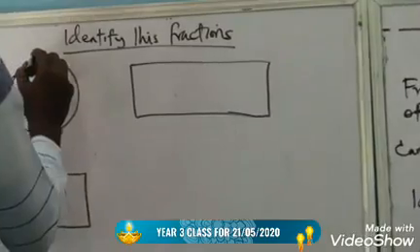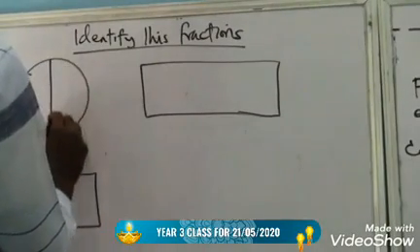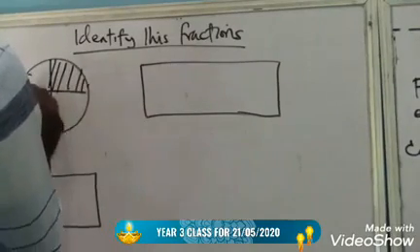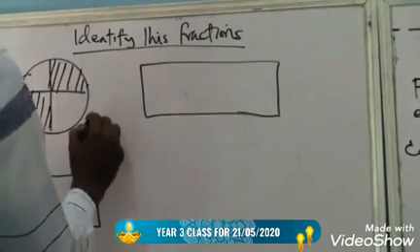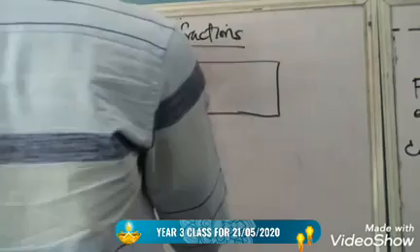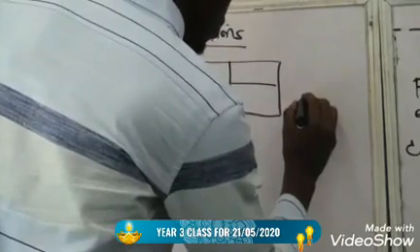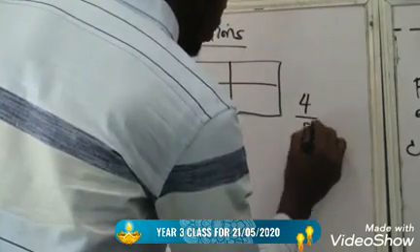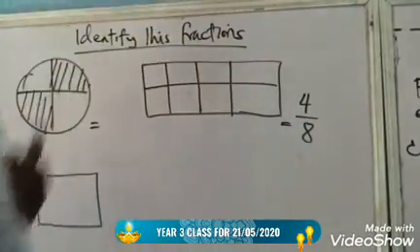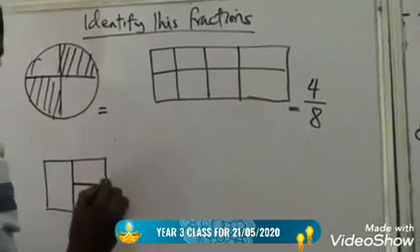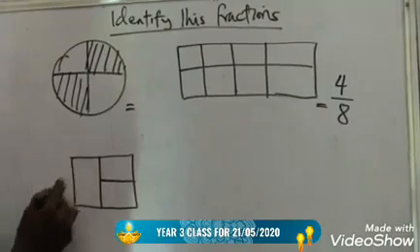For here, we want this and this, and we are shading 1 and 2. You give an answer here, and for the rectangle it is 1, 2, 3. We want you to make this 4 over 8. Find this here, and here is the square. So we're going to be shading. This is 3.